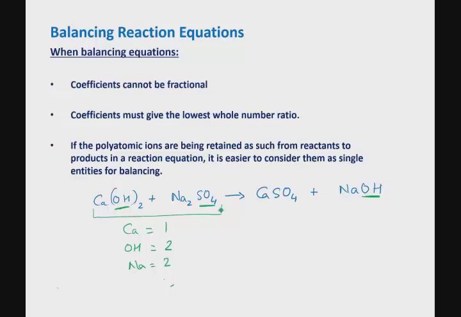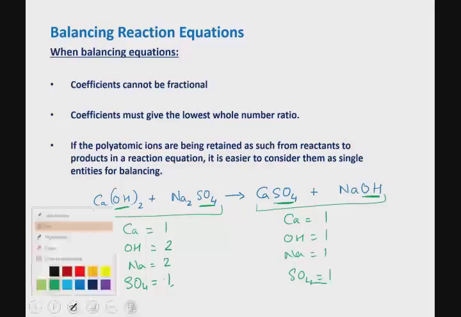Now similarly, sulfate survives the process, so keep it together. It makes life easier. There's one sulfate on the reactant side. If you do the same on the product side, there is one calcium, one hydroxide, one sodium, and one sulfate. So you see that calcium and sulfate are already balanced.